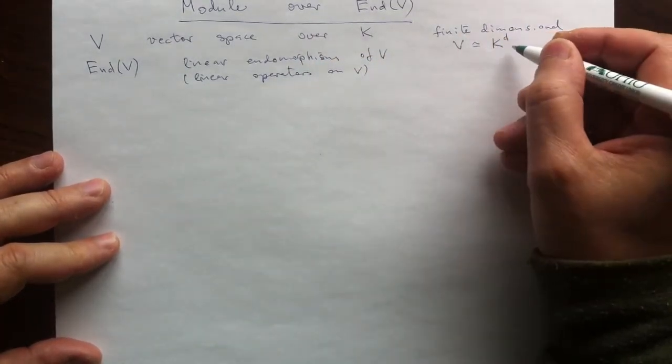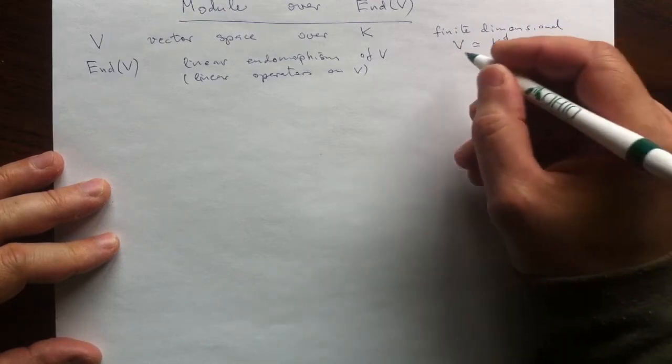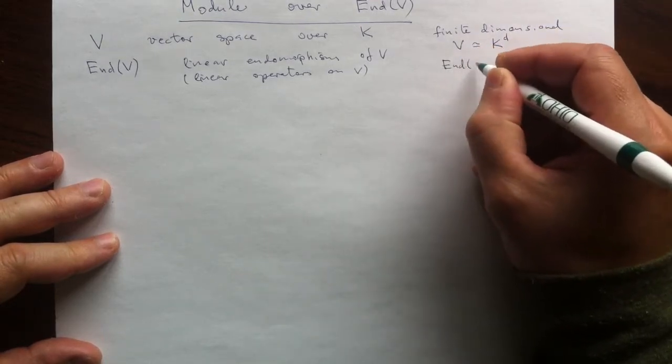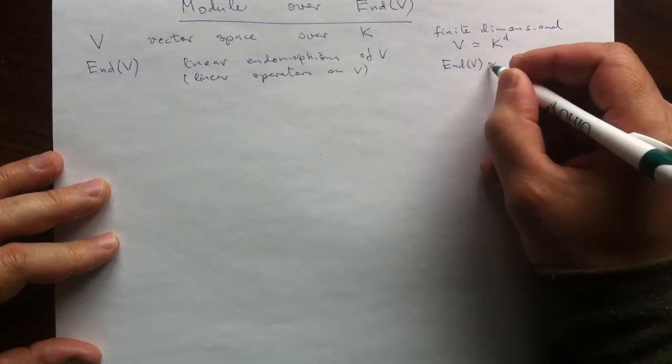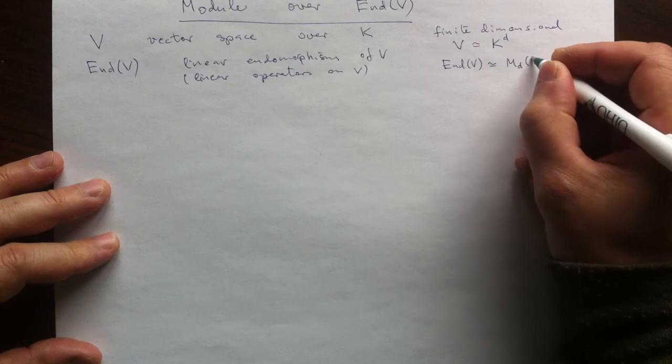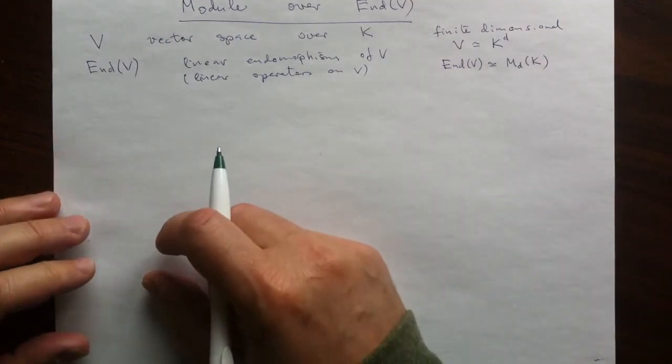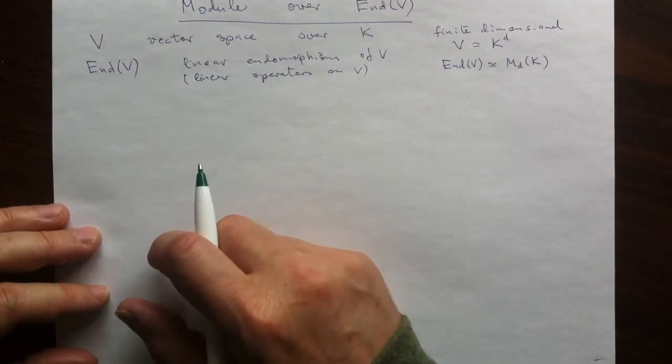And in this finite dimensional coordinate version, linear operators can be represented in one-to-one way by square matrices of size d with coefficients in our scalar field K.